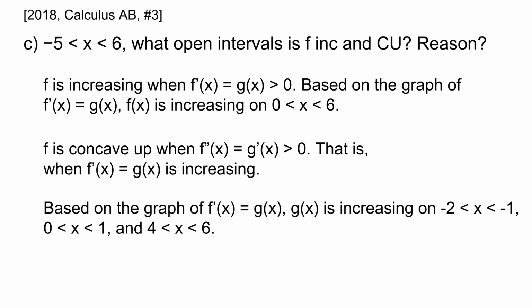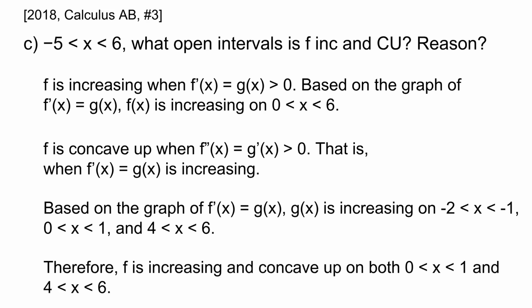So based on the graph, g of x is increasing on the interval from negative 2 to negative 1, again on the interval from 0 to 1, and again on the interval from 4 to 6. Therefore, we can conclude that f is going to be both increasing and concave up on the interval from 0 to 1 and on the interval from 4 to 6.